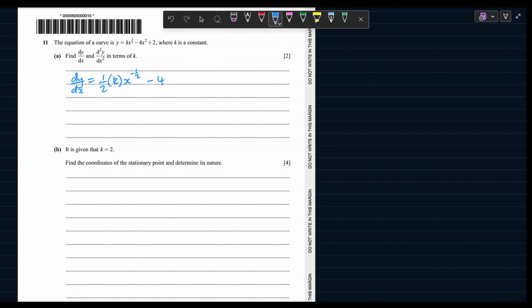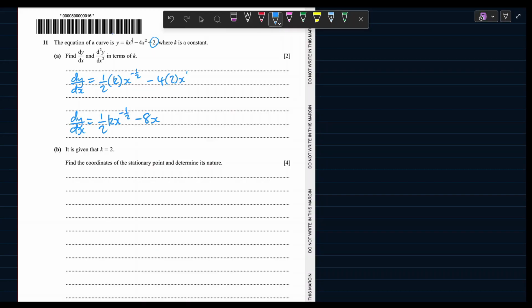Minus 4, bring down the 2, x, subtract 1 from 2, you get a 1. Then you've got a constant, you differentiate a constant, you get 0. So it means our dy/dx is going to be half k x to the negative half minus 4 times 2, so 8x to the power 1. This is our dy/dx.